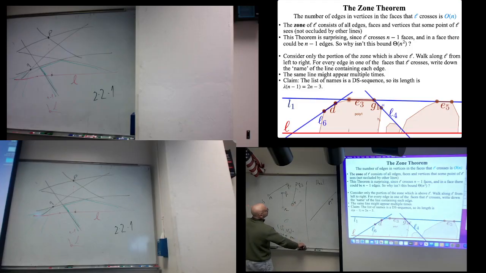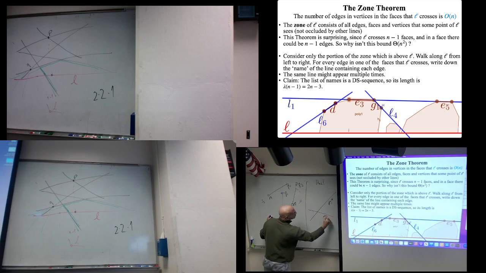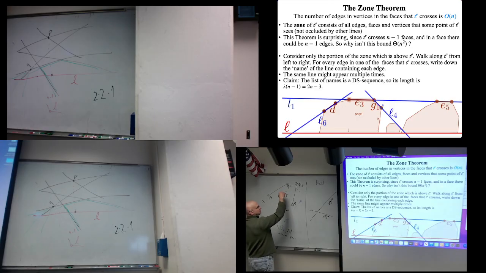Now, which letter is this? P3 also became a line. Q2, I'm not sure that I'm drawing them in the right order. Q2 also became a line.